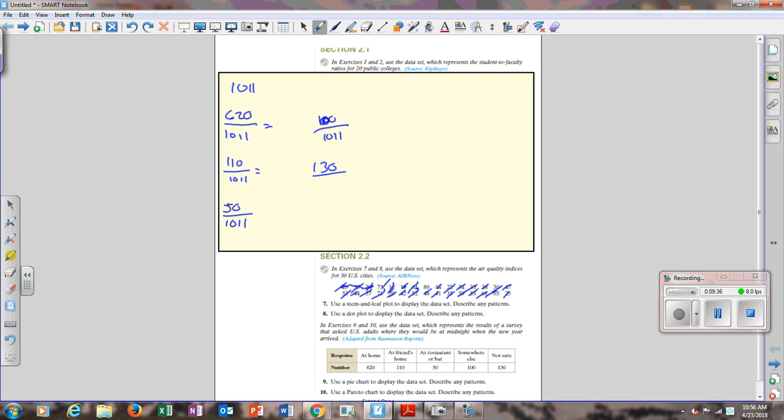And then 130. Actually, move these over a bit. Okay, so we can calculate those out as decimals.